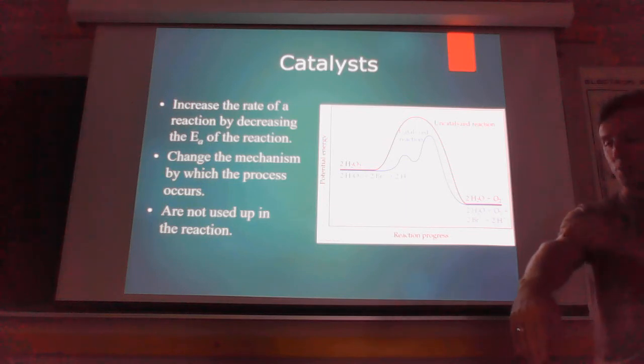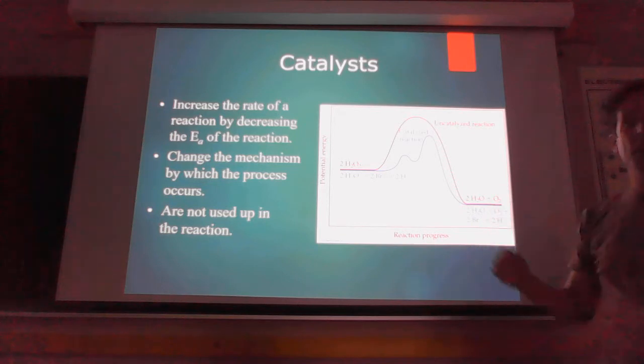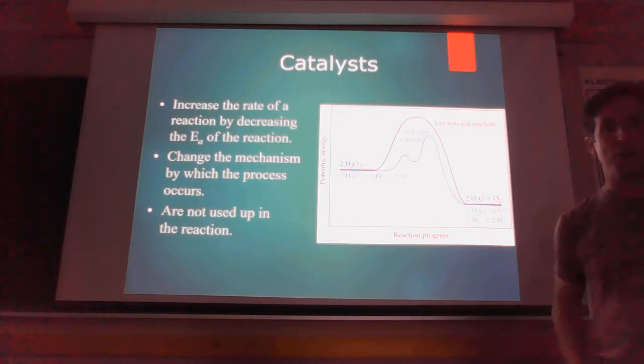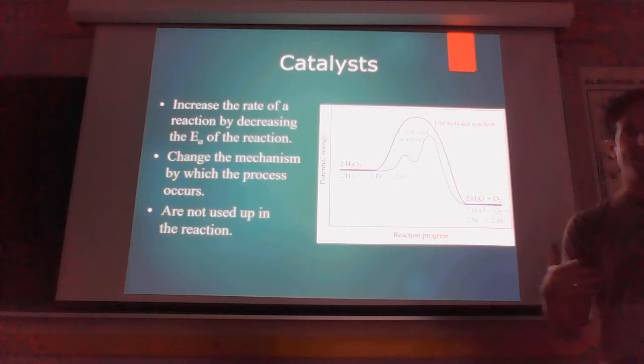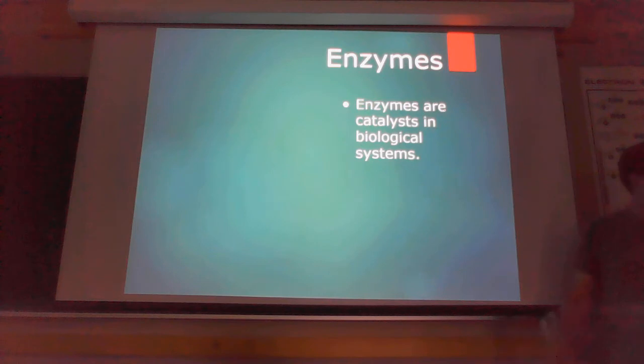And everybody knows when you put hydrogen peroxide on an open wound, it starts to bubble like crazy. That's this reaction happening very fast. Okay, now in your body, naturally occurring catalysts are enzymes. So, next slide. Enzymes are catalysts in your biological system.